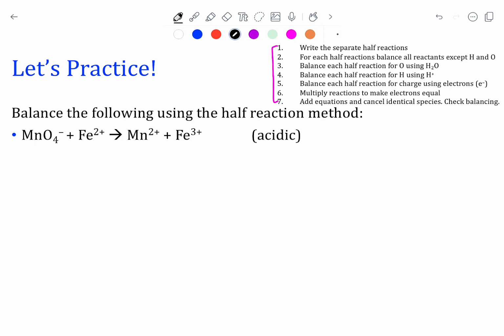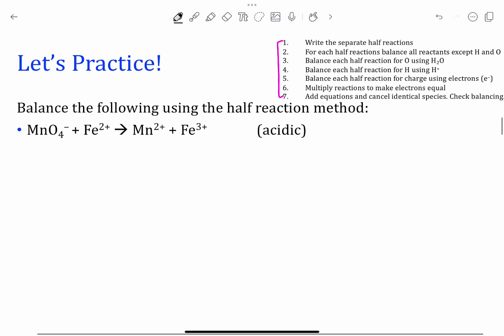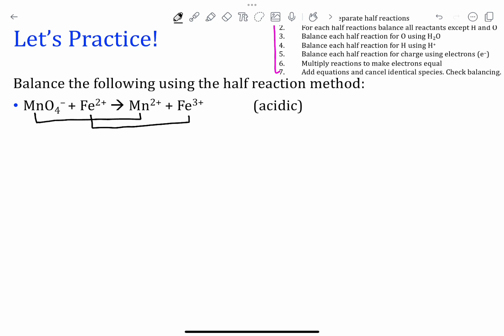So let's follow our steps. Our first step is to write the separate half reactions. So we have MnO4 minus turning into Mn2+.